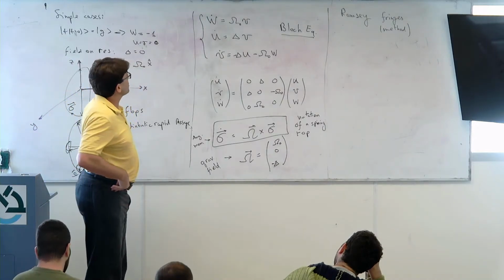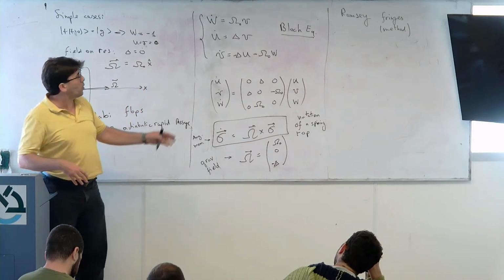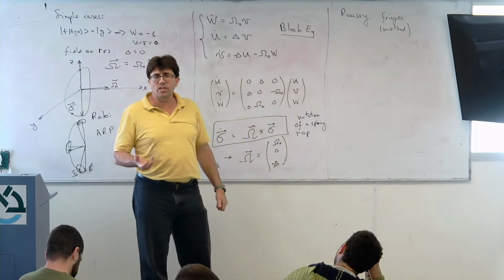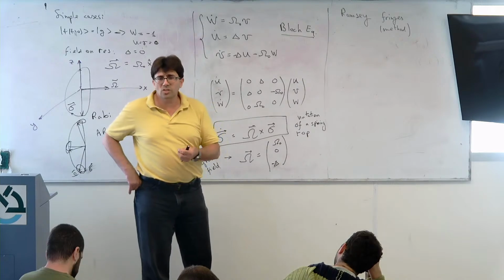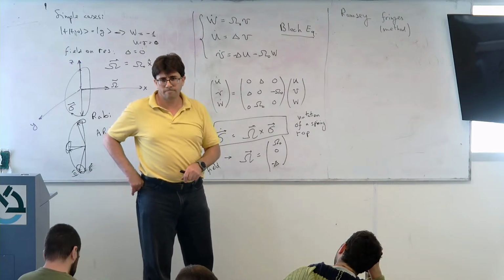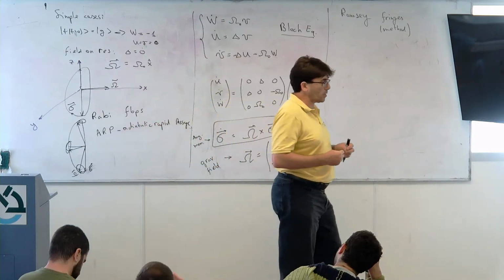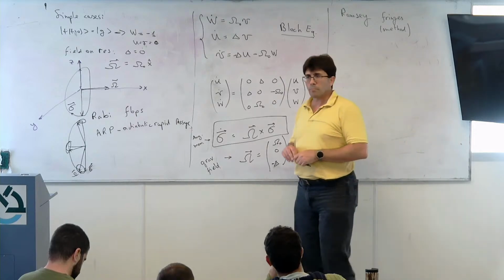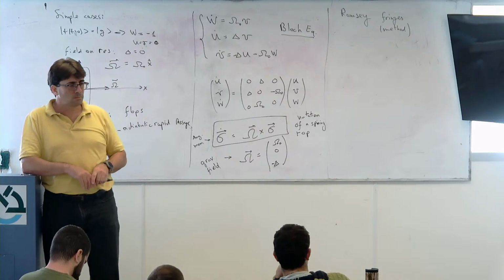But before that, the point is that the Bloch equations allow us in a very convenient way to include decay, and it's a phenomenological one. What do we know that happens? We know that there is spontaneous emission.